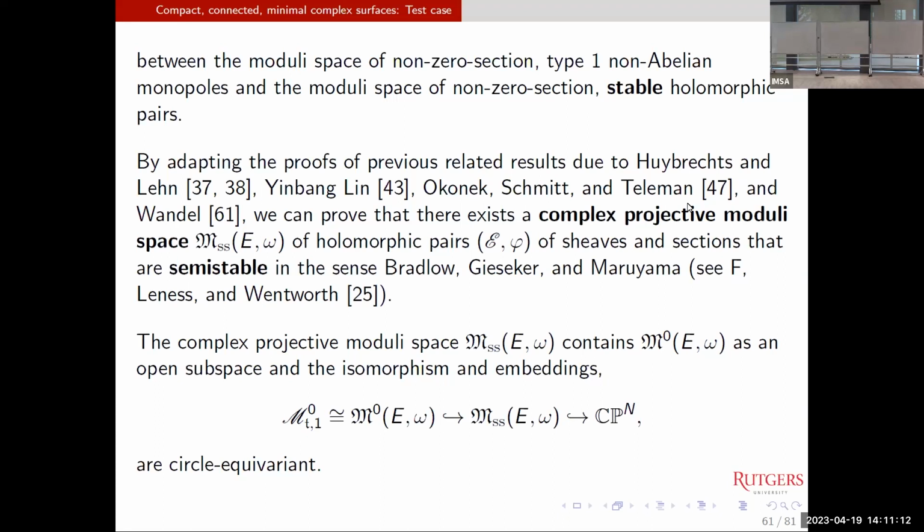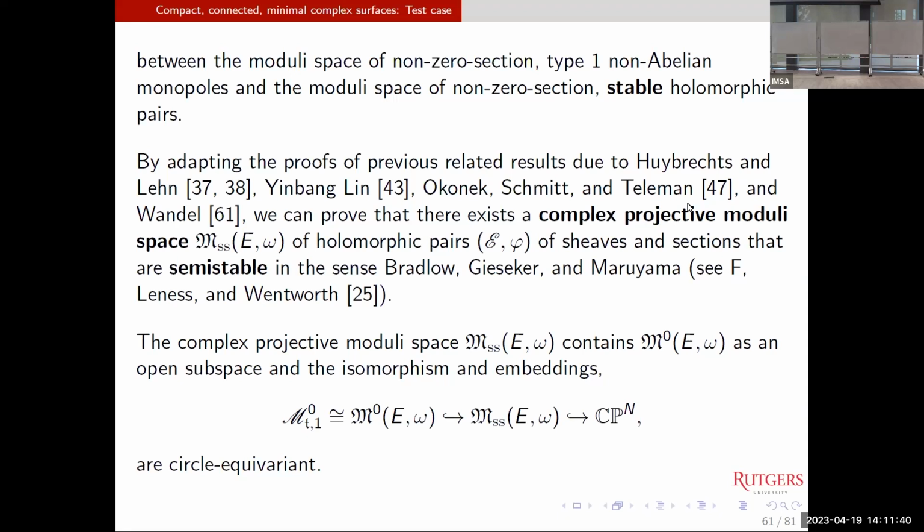So what these people showed, in particular Huybrechts and Lehn, Konig, Lin and Wandel, in various degrees of generality, is that there is a complex projective moduli space of pairs of sections and vector bundles that are semi-stable in the sense of Bradlow, over complex projective surfaces.